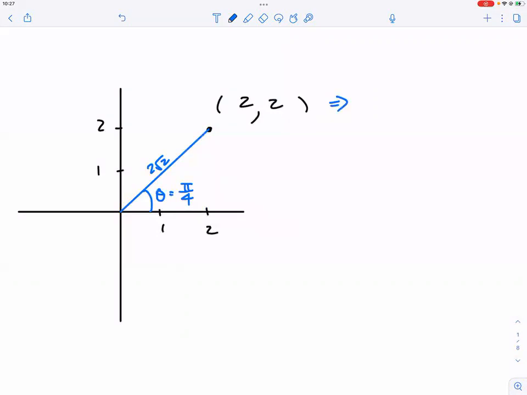We are going to convert the rectangular system with x and y to something called the polar system, with r and theta. What could r be? Radius. So in this case, this will be 2 root 2, comma, pi over 4.